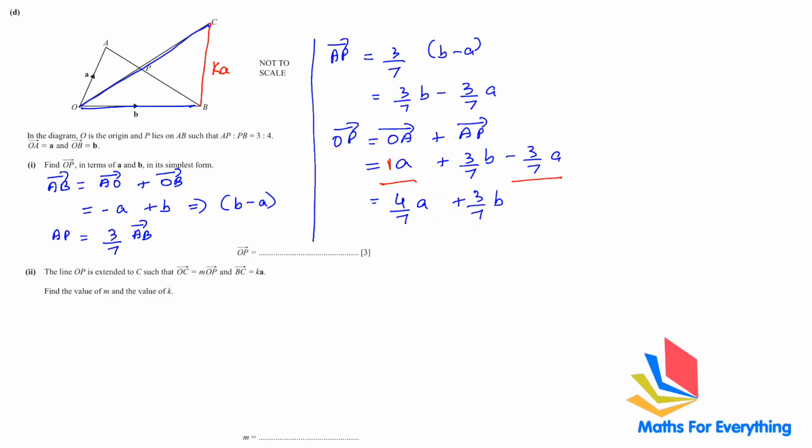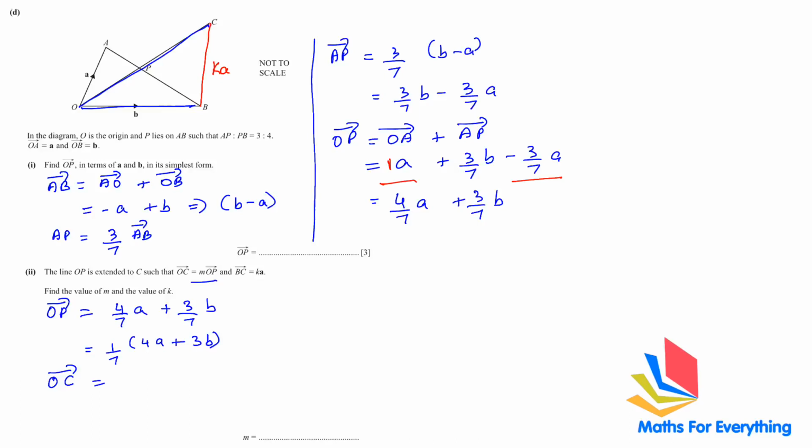Let's write it like that. Let's take a number out. So 4/7 a plus 3/7 b. If we take the 7 out in the denominator, we'll write it as 1 over 7, and we'll be left with 4a plus 3b. And OC is equal to m times OP.